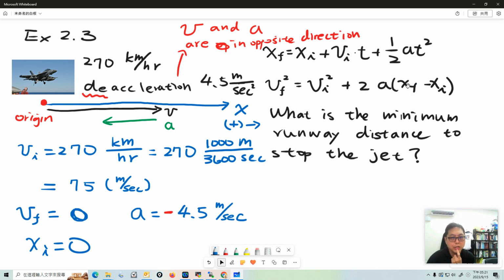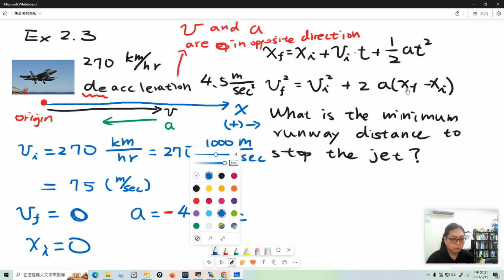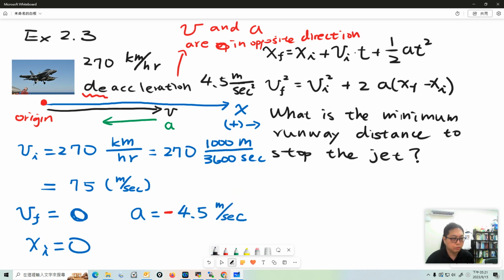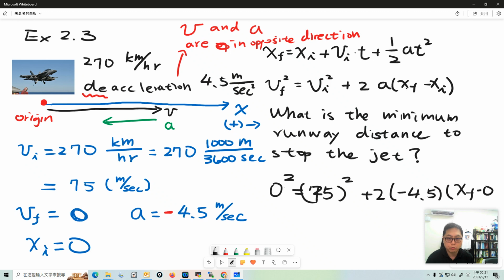So let's use the second equation and put everything in: 0 squared equals 75 squared plus 2a, and be careful, it's minus 4.5, times xf, and xi is 0.